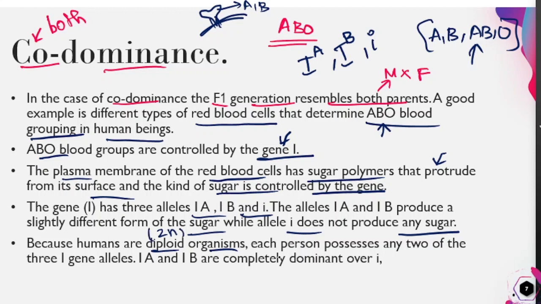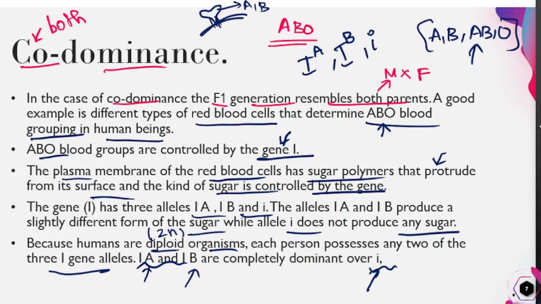Each person possesses any two of the 3 I alleles. Diploid means only 2 characters can be observed. 3 alleles are available, but out of these 3 alleles, only 2 alleles will be represented in one organism. So I^A and I^B are completely dominant over i.